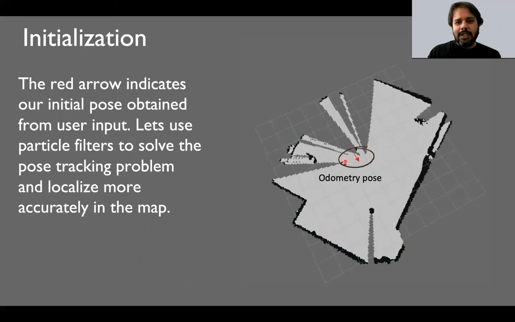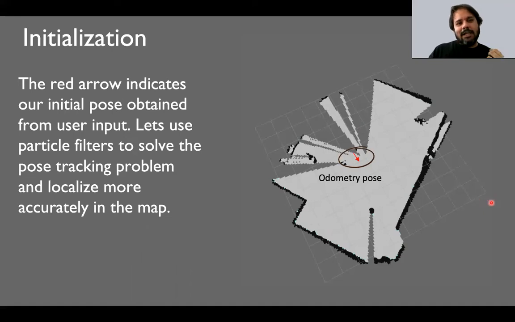The way we do it is we first need an initial guess of where we think we are in the world. This can be through odometry, or a user can supply the location. Just for completeness' sake, in the context of autonomous racing, this is likely to be somewhere on the start-finish line, right?